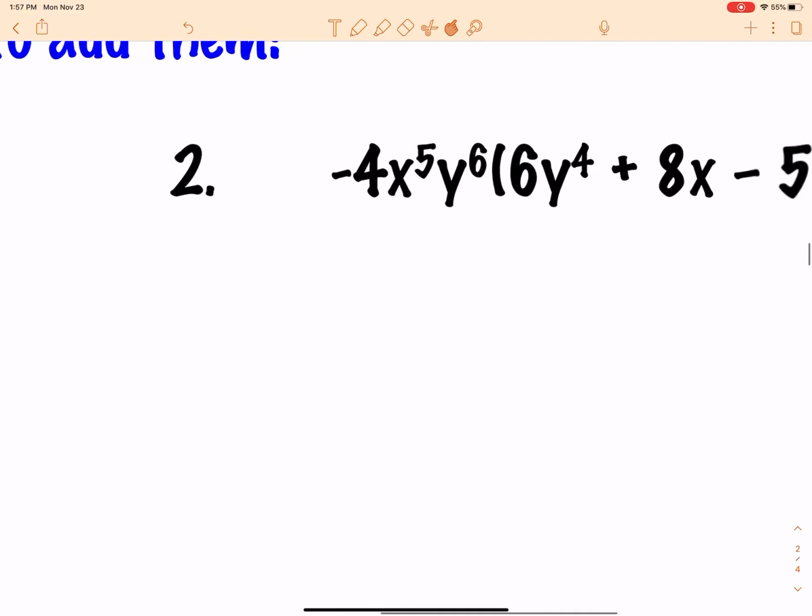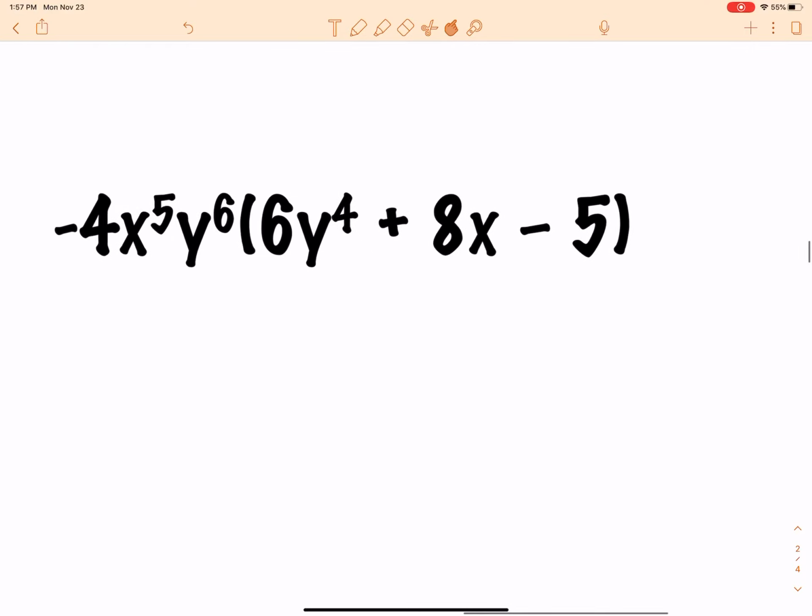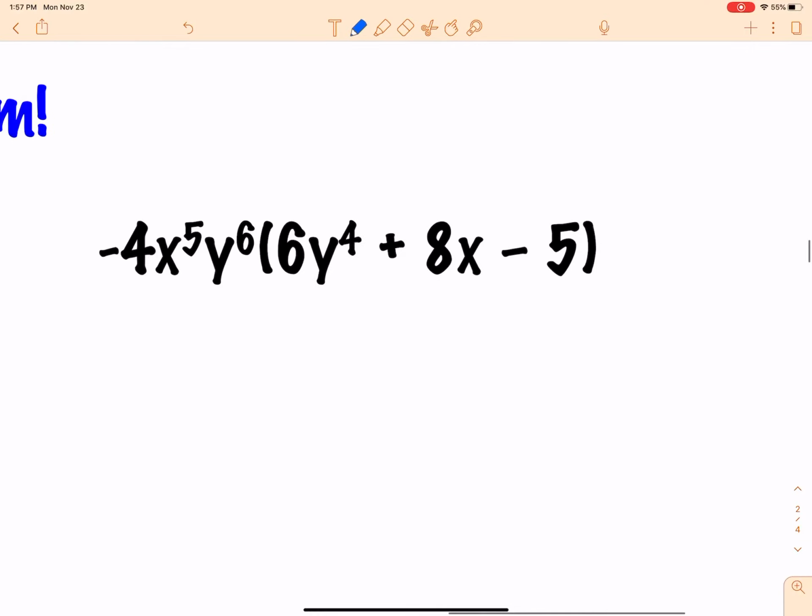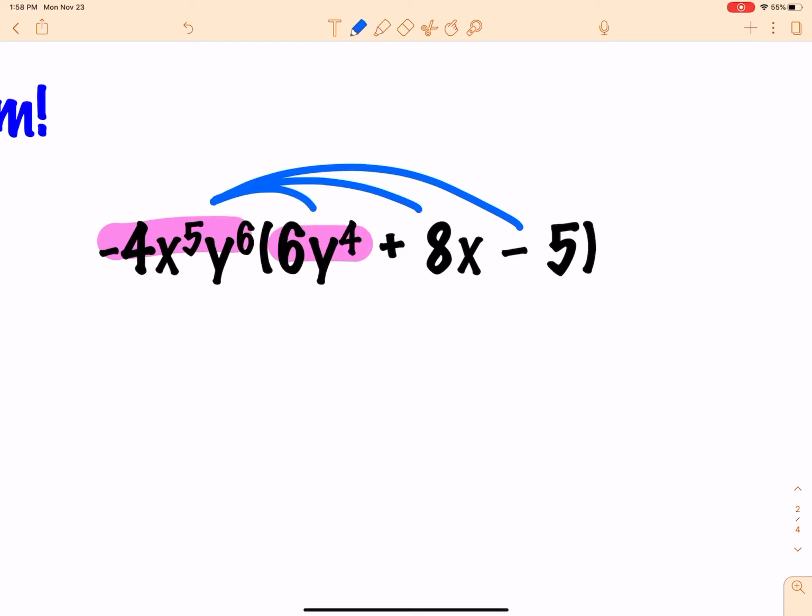Okay, same idea with number 2. This is just a distribution problem. So we're going to distribute this outside number to, again, all 3 terms. So my first terms together would be negative 24, x to the 5th, y to the 10th.